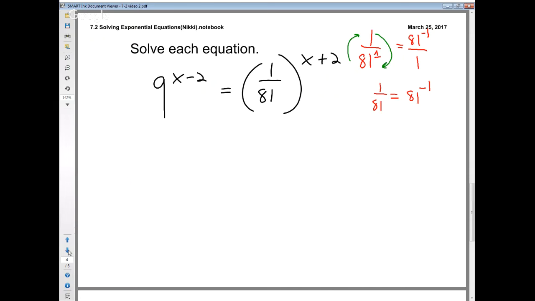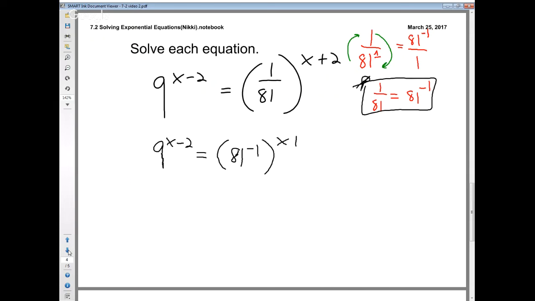So then using this little fact, let's go ahead and rewrite our exponential equation. For right now, let's leave the 9 alone. And over here, instead of 1 over 81, let's write 81 to the negative 1 power. And we still have the x plus 2 on the outside.